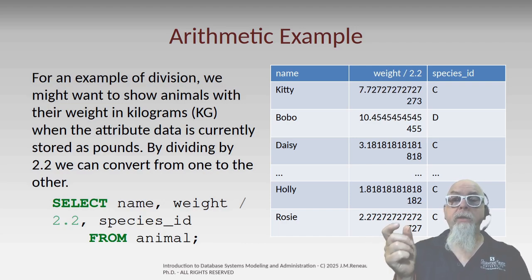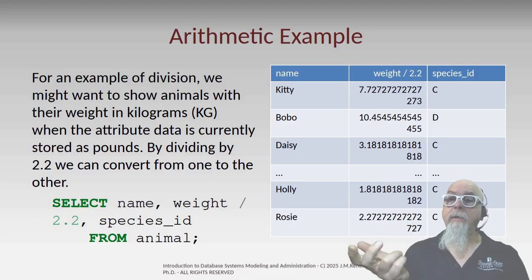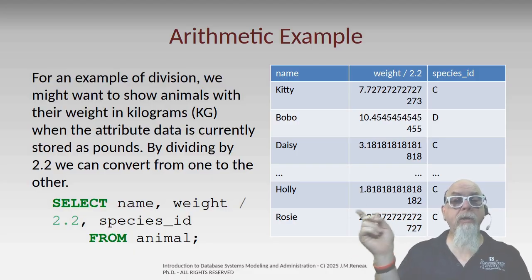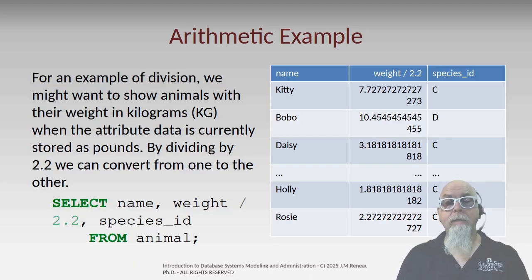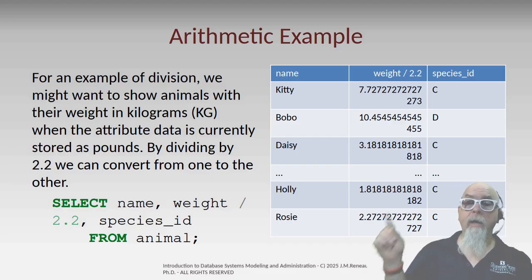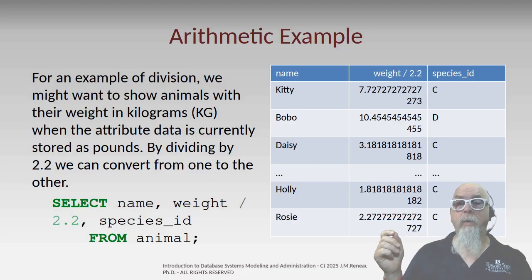Well, we know that to convert pounds to kilograms, we divide by 2.2. So in our select statement over there, we can see that we have name, weight divided by 2.2, species ID, those are the three columns we'd like to see from the animal table, and we get the results like this. So instead of seeing the weight in pounds, we now have calculated the weight in kilograms.